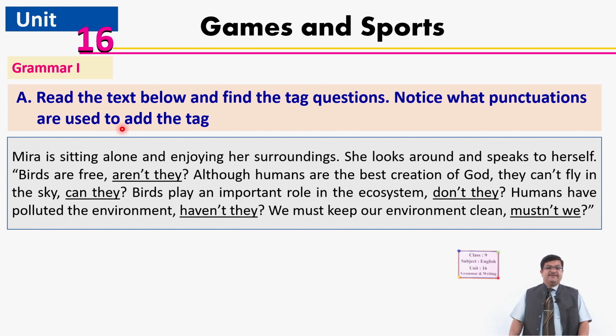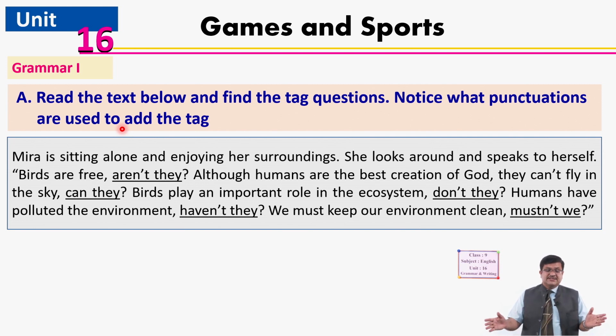Humans have polluted the environment, haven't they, is another form of tag. And we must keep our environment clean, mustn't we, is another form of tag. So I believe you have also identified and underlined the different forms of tag from this paragraph.